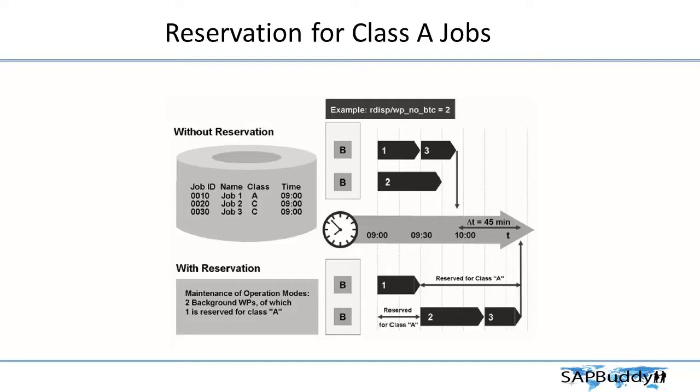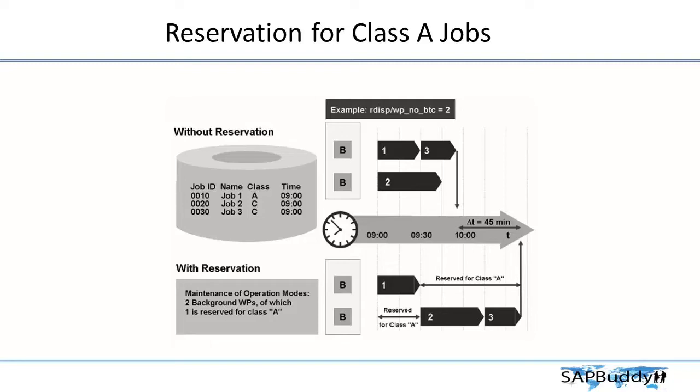That's a workaround. However, we also have an option saying that I have one or two background work processes which I want to reserve only for class A jobs, so that class A jobs will never be delayed. That is possible. By doing that, you can have work processes reserved only for class A jobs.